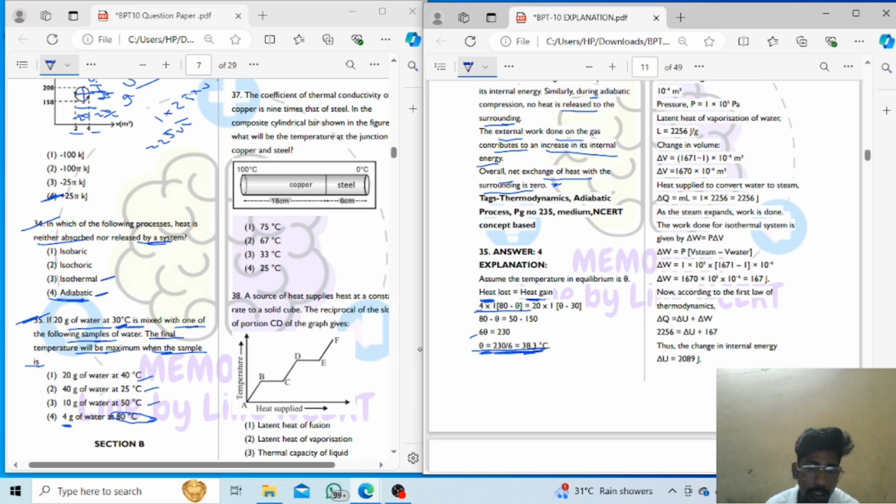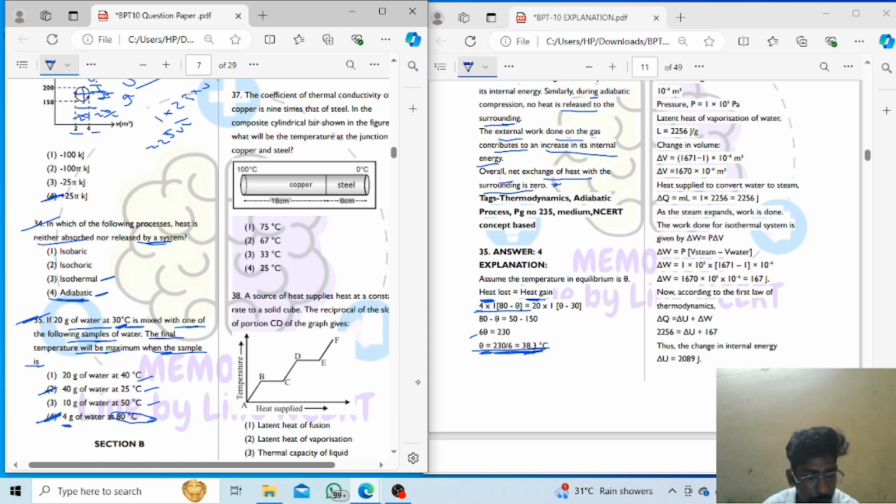We got theta equal to 38.3 in this case, but in other cases, if you see option number 2, the 40 will lose heat and this will gain heat.